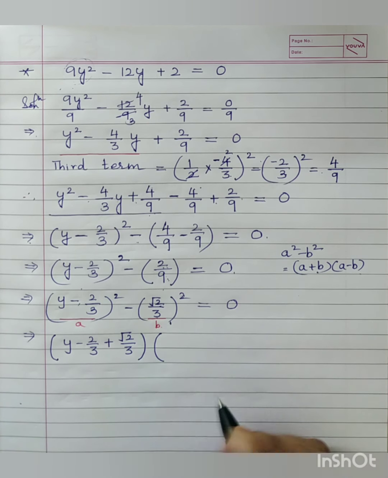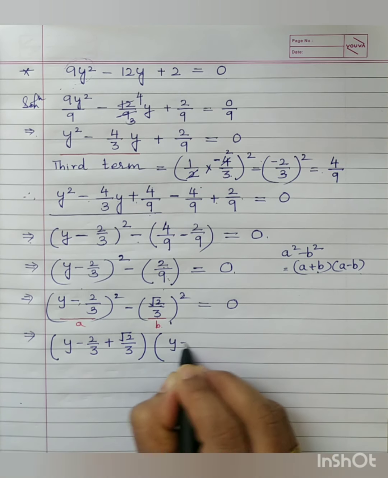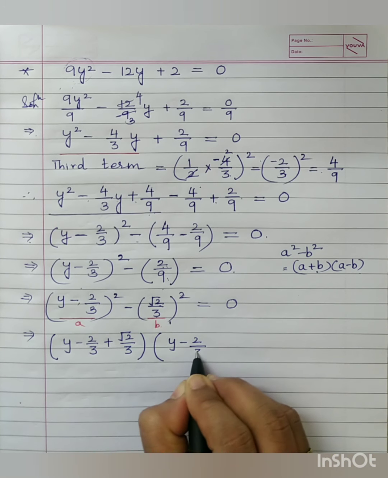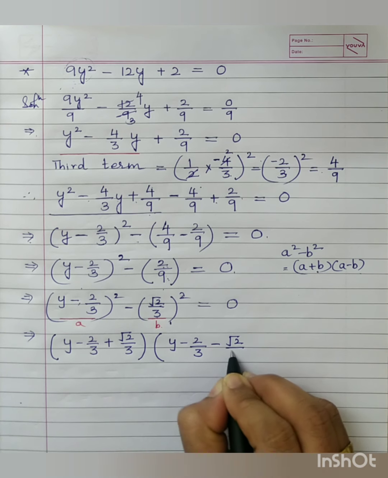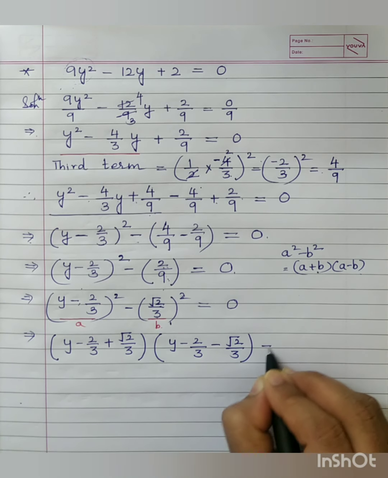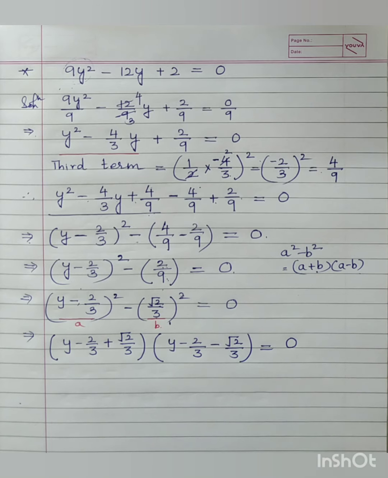Second bracket, a minus b: y minus 2 upon 3 minus root 2 upon 3, bracket close, is equal to 0.